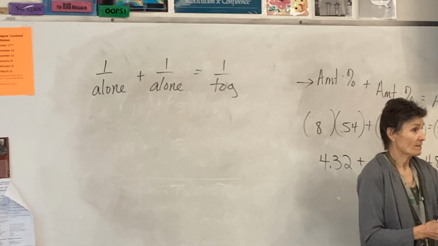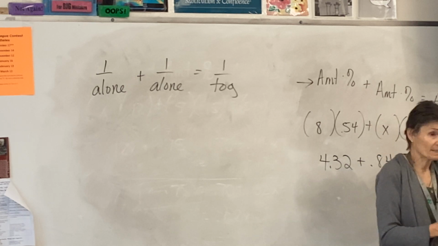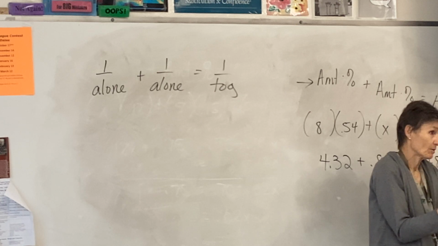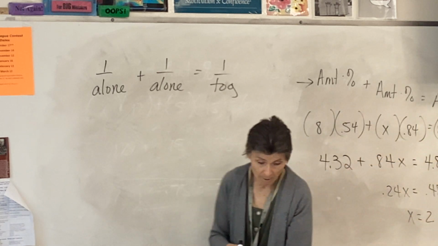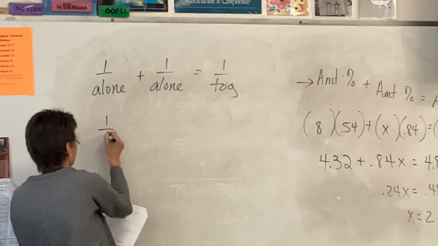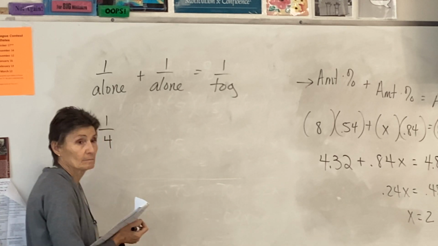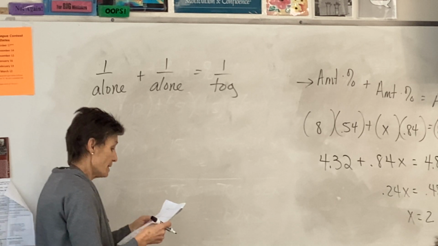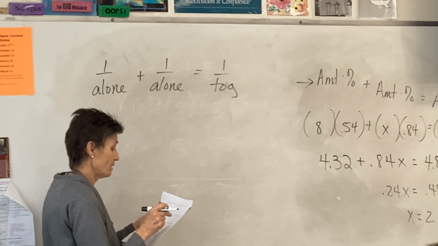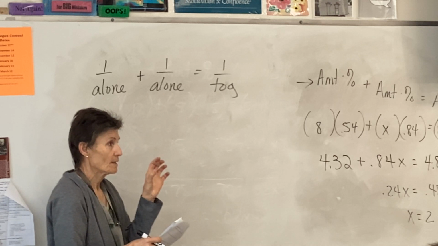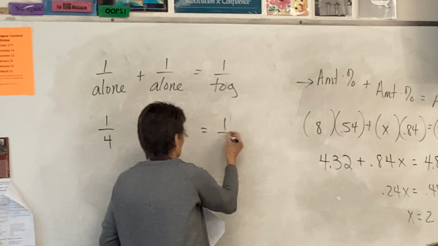Each one of them can do the job in a certain amount of time alone, and then they can do the job in a certain amount of time together. So for problem number 3, Danielle's time alone is 4 hours. If Zach helps her, it will take them 3 hours. What's the 3? That's their time together.